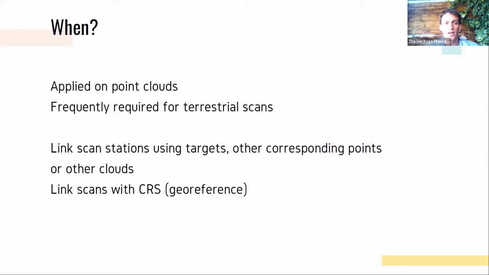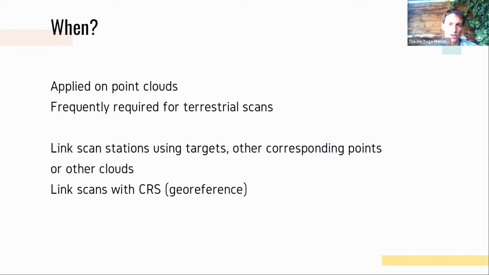So we apply it on point clouds in the case that our point clouds are not georeferenced beforehand. Technically, it is possible to make a scan of an environment, put your scanner at a certain fixed position, and directly link your scan to targets that are also topographically measured. So in that case, you have your coordinate reference system fixed. But in most cases, and especially with terrestrial scans, that is not the case, and you will have to assign coordinates to each and every point afterwards.